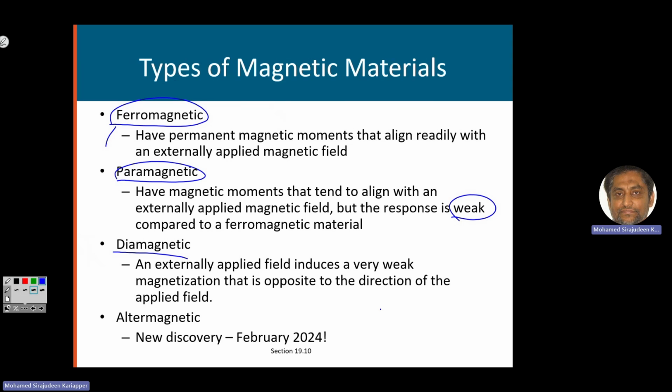It's a quantum effect. It is in the opposite direction, but again it's very weak compared to ferromagnetic, and even paramagnetic. Then recently they even discovered another type called altermagnetic.